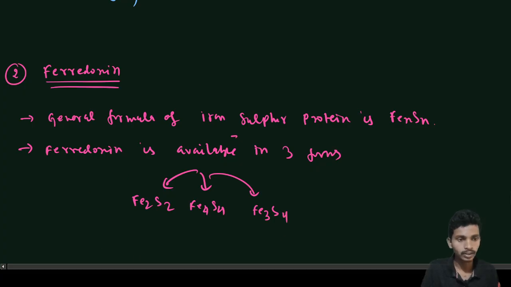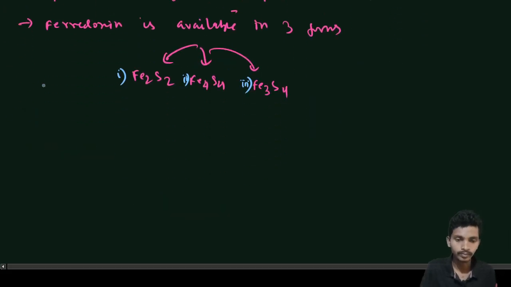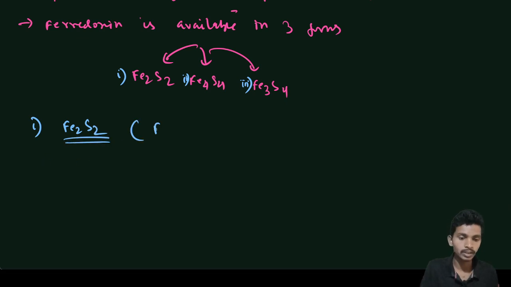Okay, so these 3 forms are available. Now the first form is Fe2S2 form, where the general structure is FeNSN, and this says labile sulfur.